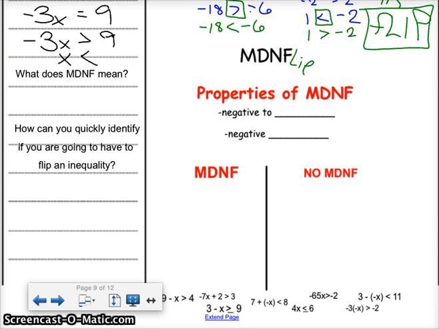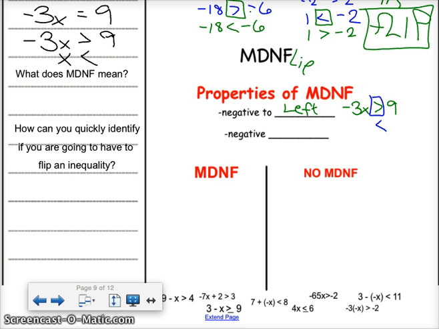Here's when you know that you have to MD&F an inequality. If the negative is to the left, like negative 3x is bigger than 9, I would have to divide by a negative 3, and that would give me a false statement. So you would have to flip to maintain its truth.